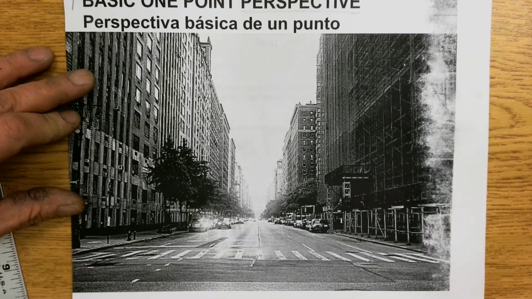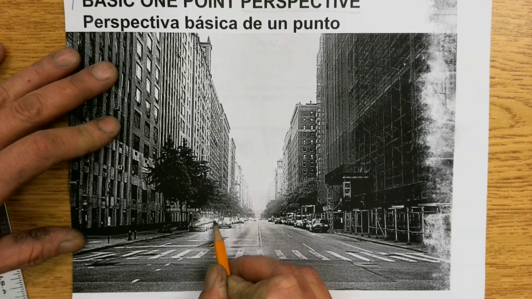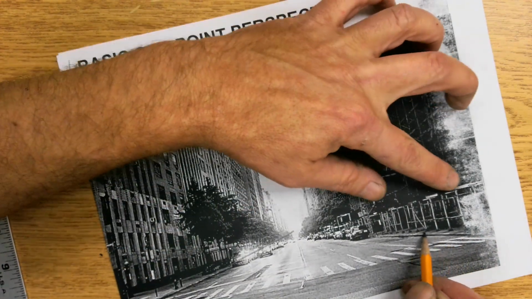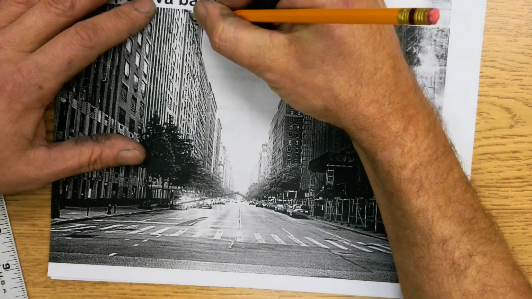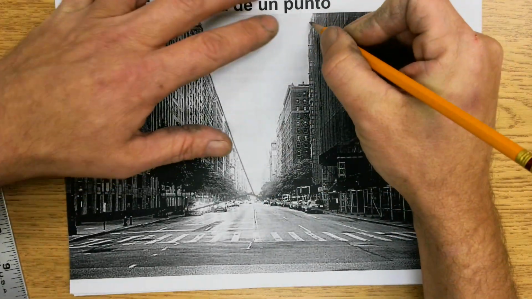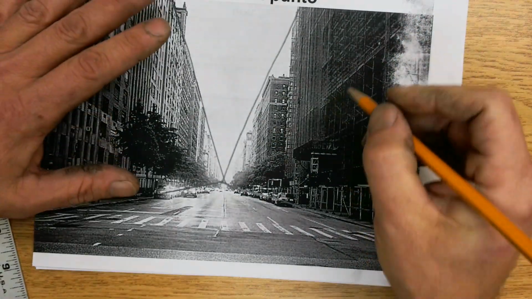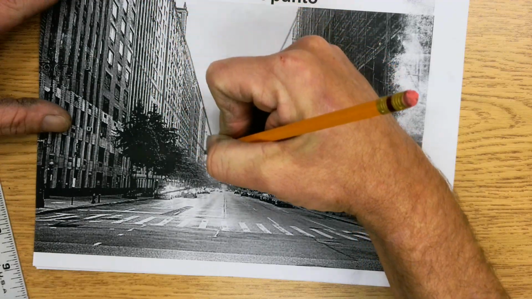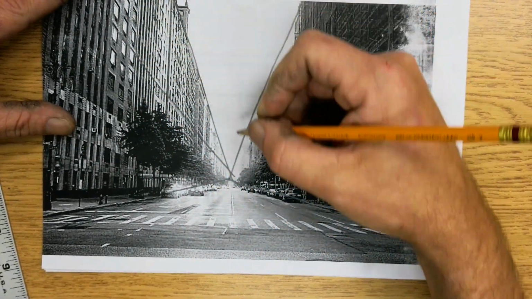Okay, if you look at the road, if I draw a line all the way along the sidewalks, and then I draw a line along the roofs of the buildings, and the windows of the buildings, you can start to see a pattern developing.